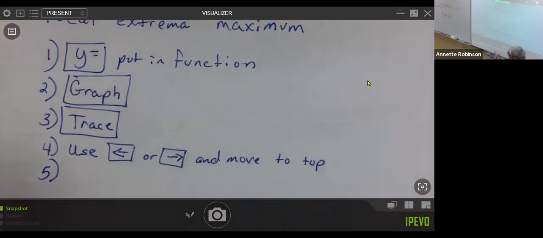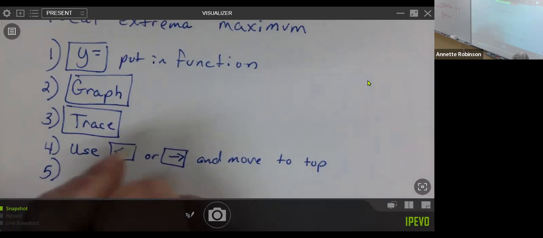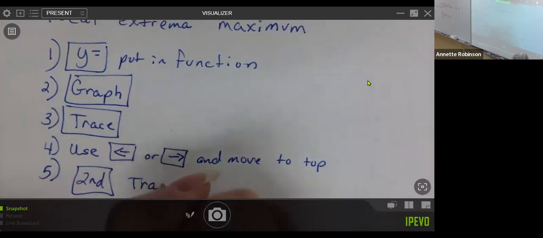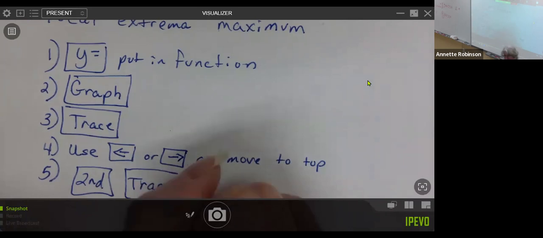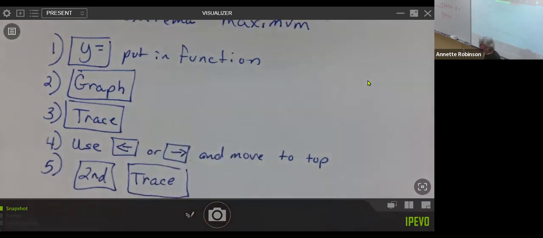What I need you to do now, before we do the Texas two-step, is hit second and trace. Do you have a menu that says value, zero or root, intersect? Does that look like the menu on your calculator? I want you to hit the digit 4.